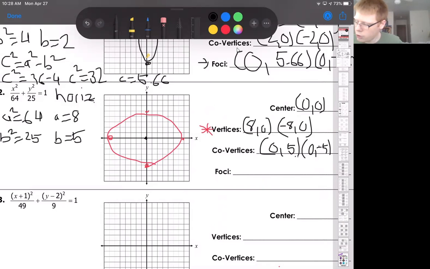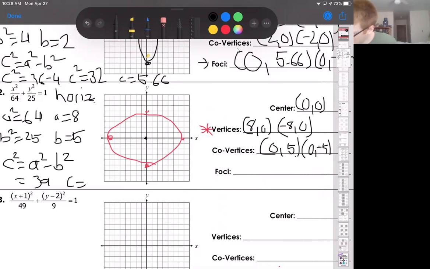To find your focus points, remember you just use that formula, c squared equals a squared minus b squared. So in this problem, it would be 64 minus 25, and you get 39. And we want to just find c, so you square root it.